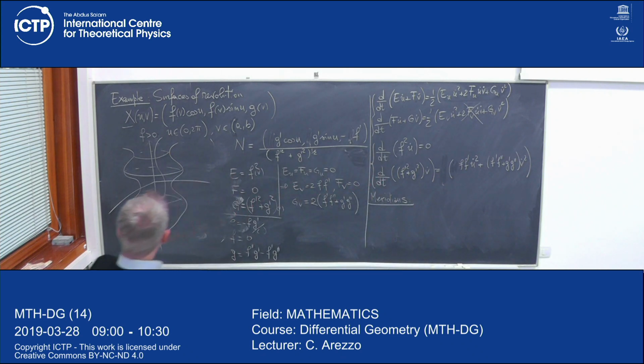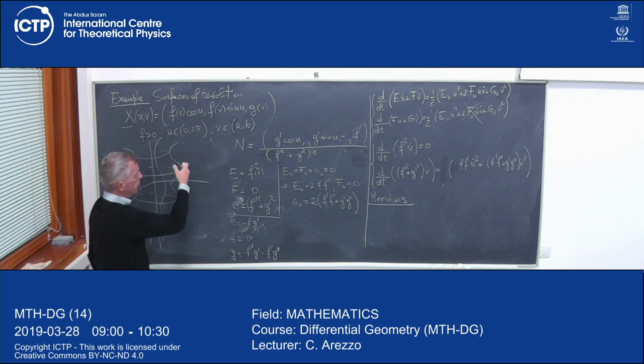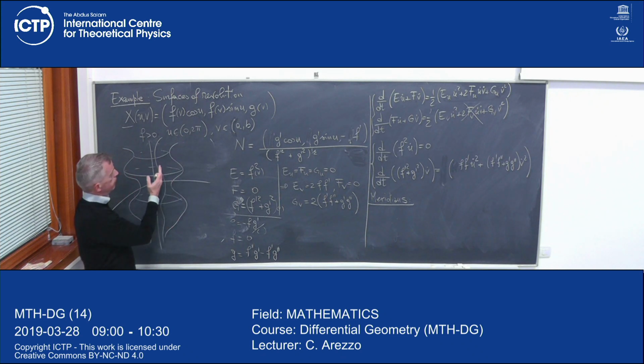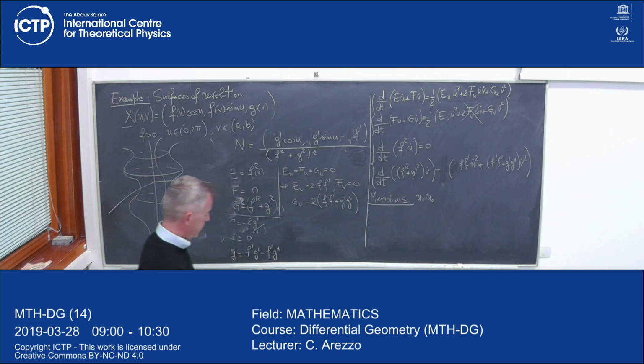In our parameterization, meridians correspond to u equal to a constant. So I'm freezing the angle and keeping the profile of the curve for a given angle. So meridian means u is equal to u naught fixed, and v varies.